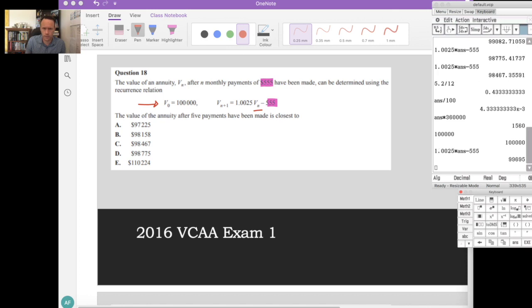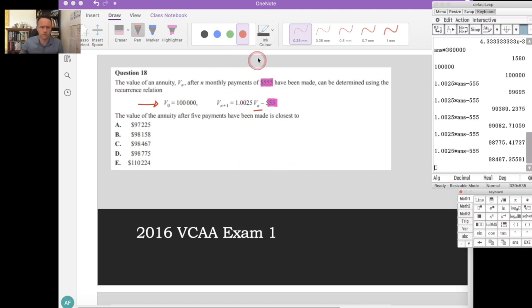So that's the first time, second time, third time, fourth time, fifth time. So we get a value of 98,467 and 36 cents.